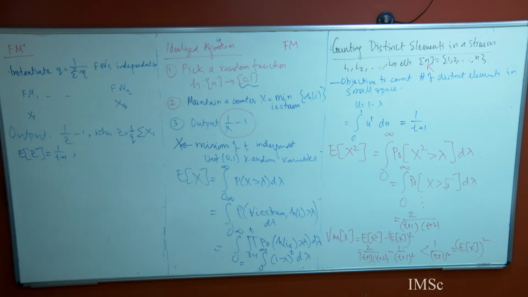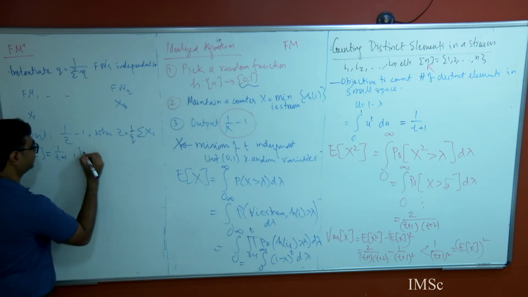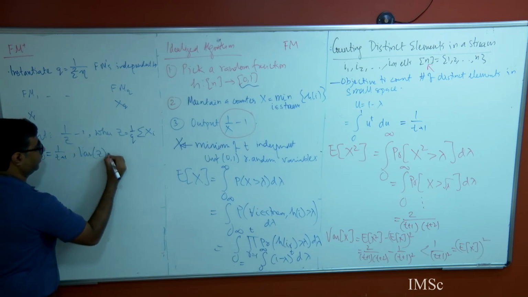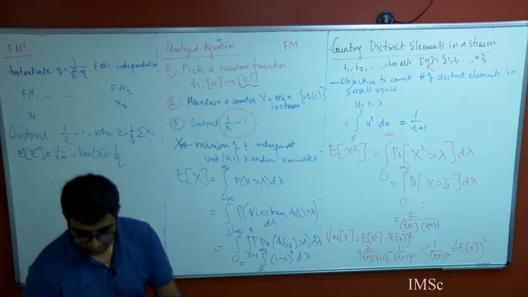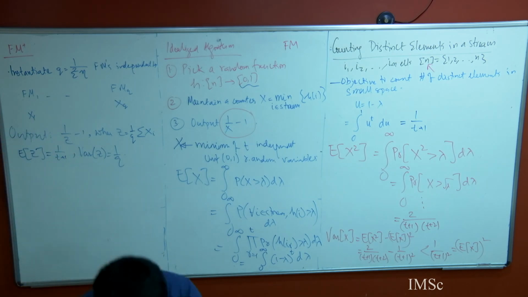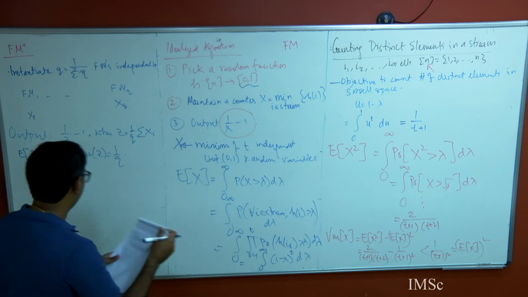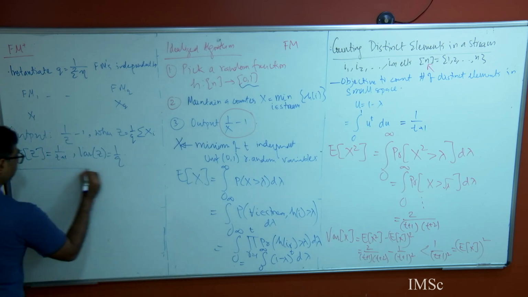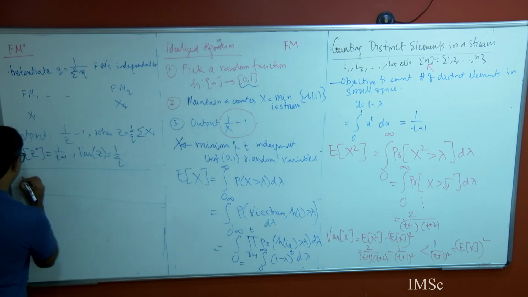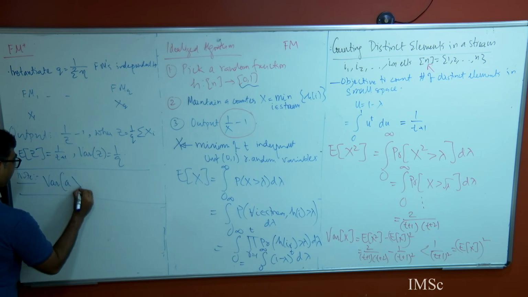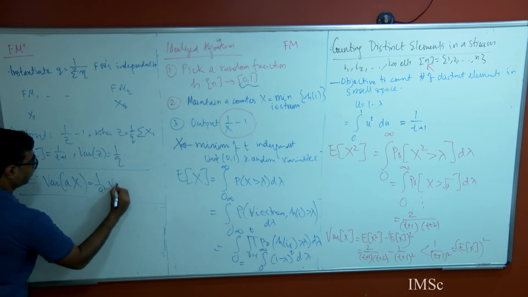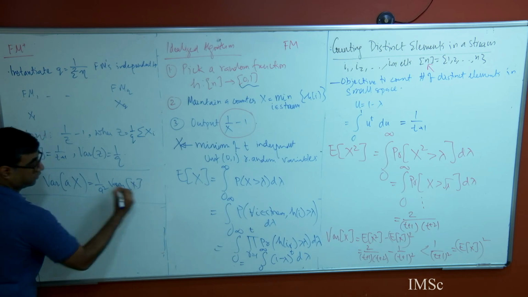But what is the variance of z? It is 1 over q times, so let me write down, maybe this will be useful for you. This is something you can prove, it's proved everywhere. The variance of a times x, where x is a random variable, is 1 over a square variance of x.